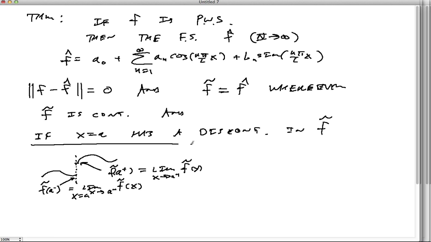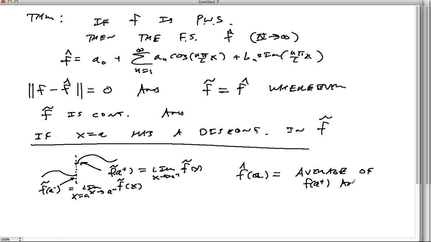Then, at these points, our Fourier series, the value at a is equal to the average value of f a plus and f a minus. So in this case, what we mean is 1/2 of f a plus plus f a minus. Okay, so what does that look like?